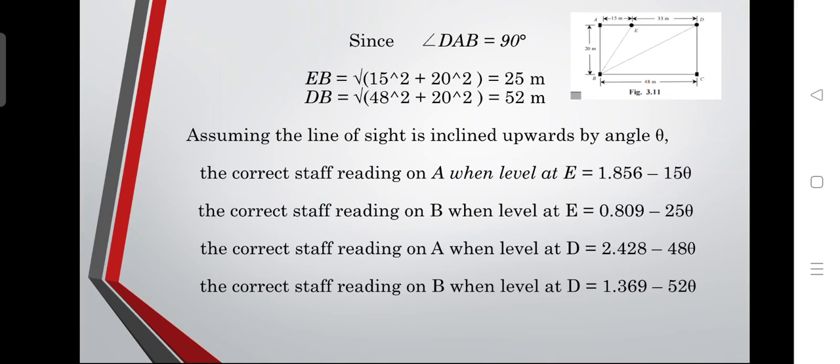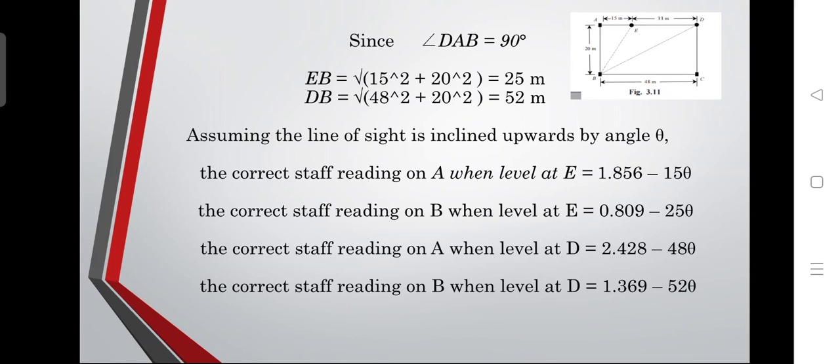The hypotenuse EB is equal to under root of base 15 square plus 20 square. The result comes out to be 25 meter, and similarly hypotenuse DB equals under root of 48 square plus 20 square, which is equal to 52 meter.